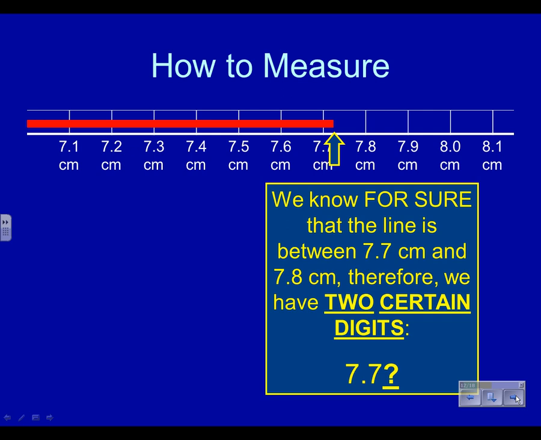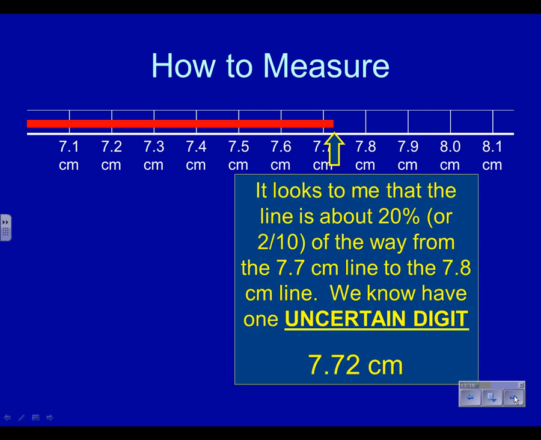However, just like on the last one, I can't just say somewhere between 7.7 and 7.8. There's a lot of room in there. What's my best guess as to where it actually is? To me, it looks like about 20% of the way. So I would record that as 7.72, with the 2 being my best guess as far as where it actually is.